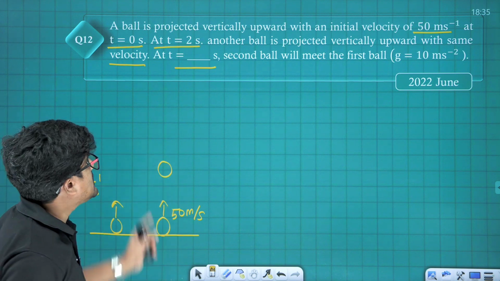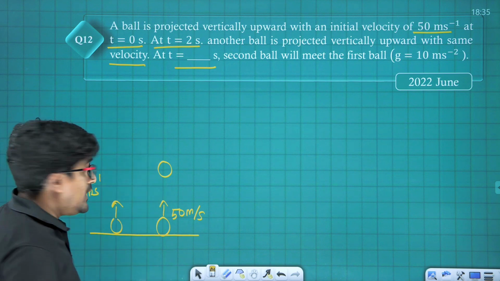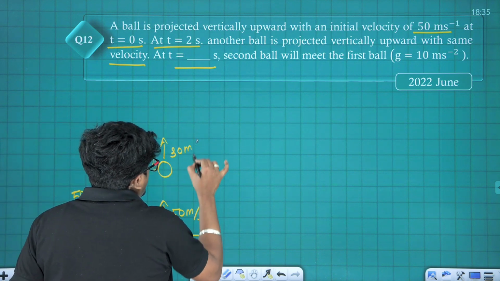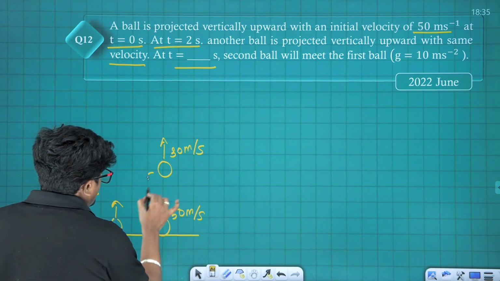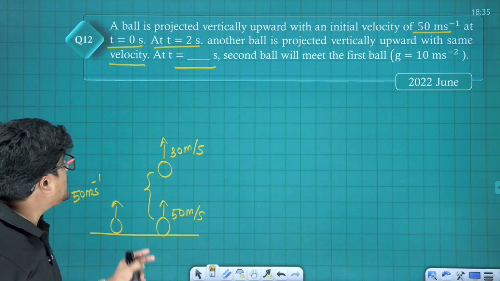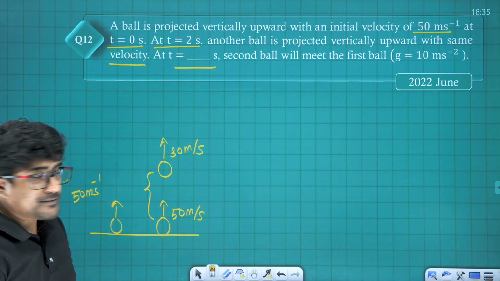So after 2 seconds, since the acceleration due to gravity can be taken as 10, the first ball will be having a velocity of what? 30 meter per second only. And in the first 2 seconds, this body will be traveling through a particular height.